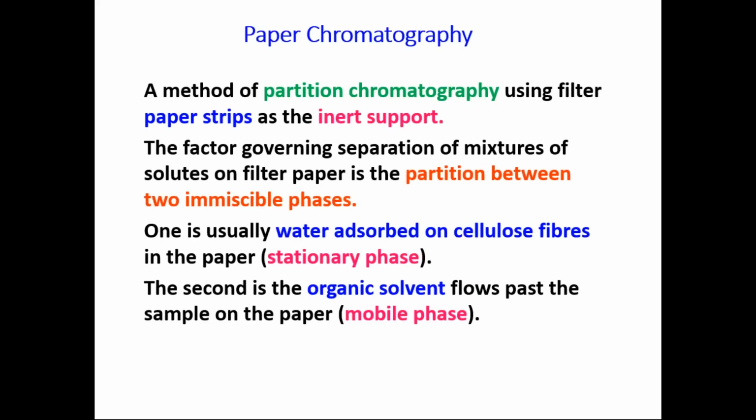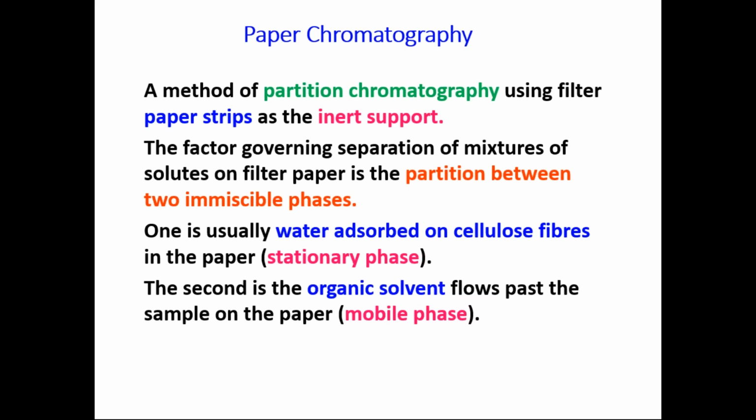So now let us look at detail in planar chromatography, which involves both paper chromatography and thin layer chromatography. So in paper chromatography, this chromatography is a partition chromatography, which uses the filter paper strips as the inert support, and the solvent will be a mobile phase.